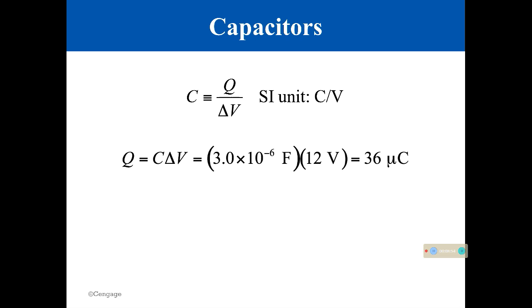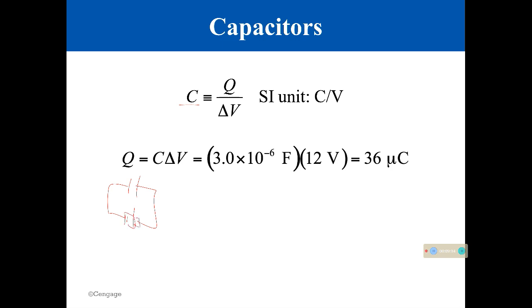So the main thing to get out of capacitance is simply this. If I have a battery, which is this symbol right here, hooked up to a capacitor, I'll just draw a battery.